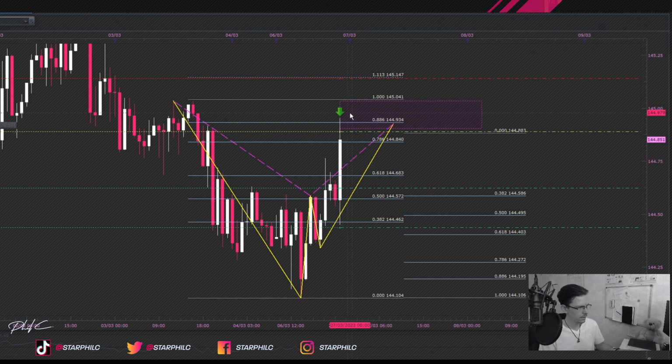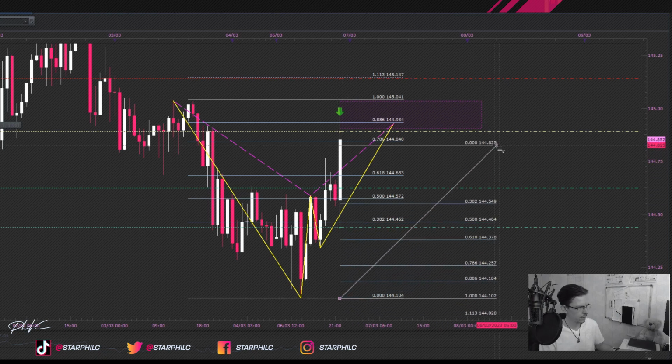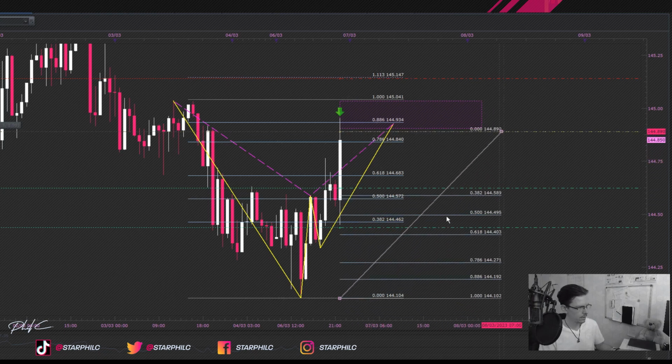As price action pushes up past the 886, what we want to do, so initially our targets were a Fibonacci retracement from the swing low all the way up to this swing high, assuming that this is where price action turns. So this is our reversal zone.